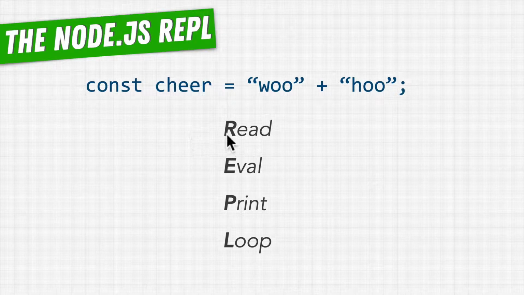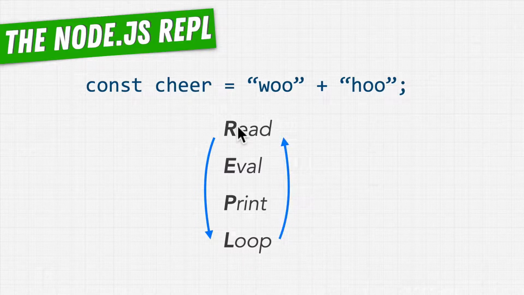So first we perform all of these actions in sequence, and then we loop back to the start, where our REPL environment will be ready to read in the next line of JavaScript. And this will continue until we exit the program with our Control-C key combination, or we type .exit and press enter.